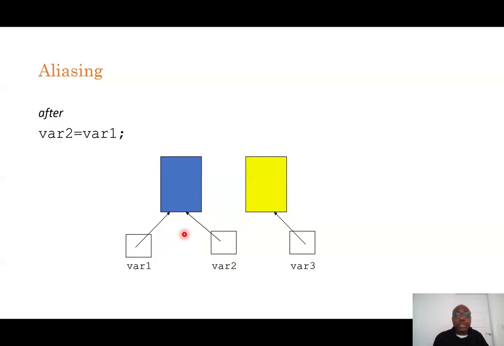So in this case, they are aliases. Suppose the value here is 2, it means variable 1 is equal to 2 as well as variable 2. But of course, they are not the same thing as variable 3.